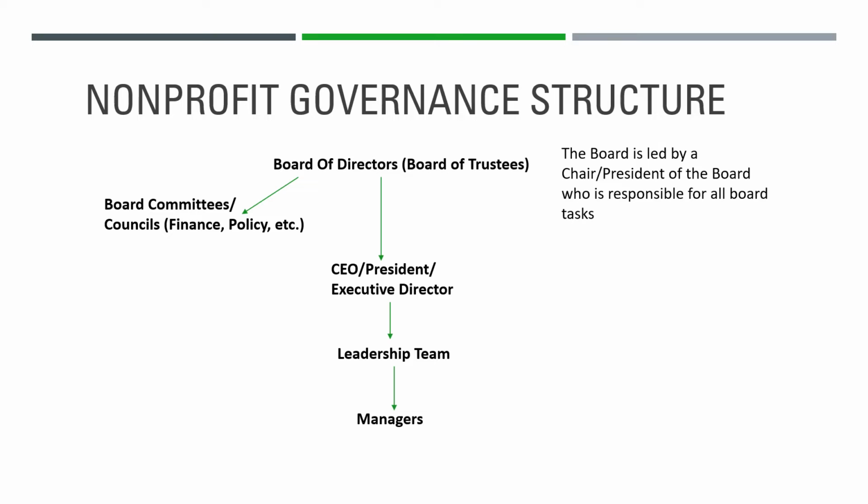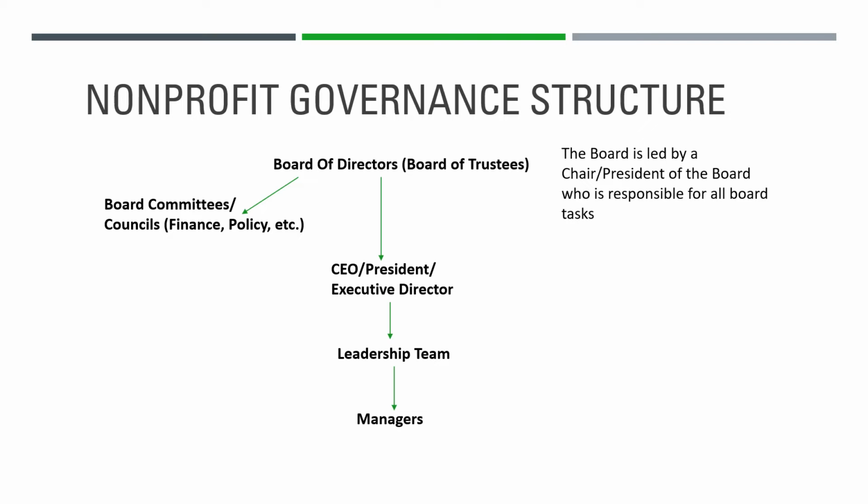Then under the board of directors is the president and CEO or executive director of the nonprofit. Whoever the president and CEO is, they're usually hired by the board. Then you have your leadership team. Now, depending on your nonprofit, that could be COOs, the chief operating officer, CFO, chief financial officer.